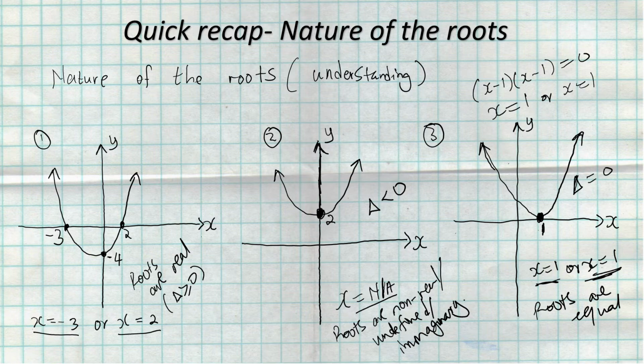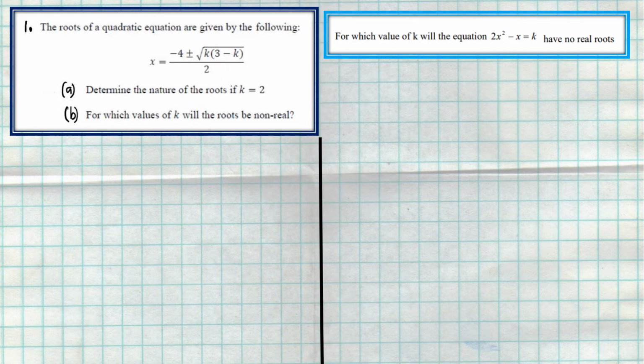Okay, let's quickly go and solve some past questions from the Department of Basic Education on nature of the roots. You are given, on your number 1, the roots of a quadratic equation: x equals minus 4 plus or minus the square root of k into 3 minus k, all divided by 2.